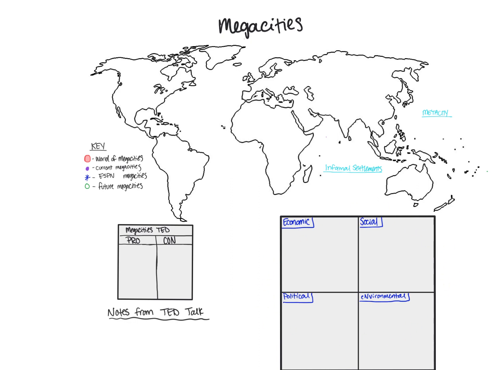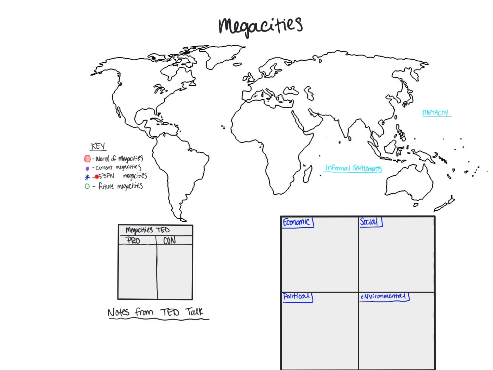If you don't know what economic, social, political, environmental things are, the board that I made that's on the wall next to the door has some different subtopics for E, S, P, and N. So take a picture of that or get to where you can see that in the room, because as you're reading that article, if you keep scrolling, you should be able to see the images of how those cities have grown, and all of those cities need to be represented in your ESPN chart somewhere, and you will add those cities to your big map too.